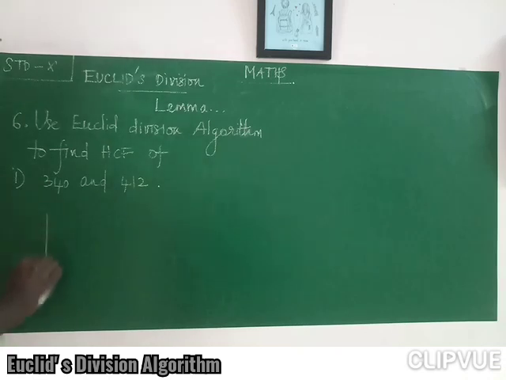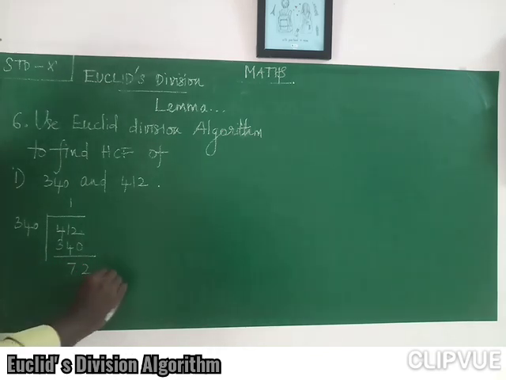So I am going to divide 412 by 340. How many 340 are there in 412? Only one, you know very well. You have to write the quotient here, 340. Remaining 72, which is not equal to 0.